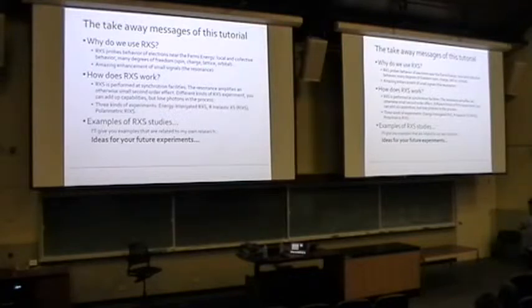Also resonant inelastic X-ray scattering, or RIXS, which is probably one of the ones you see the most around. And now the ability to do, especially in the soft X-ray regime, polarimetric resonant X-ray scattering, where you resolve the polarization of the outgoing photons. Okay? And in doing all this, you can learn more and more about the excitations in your system.